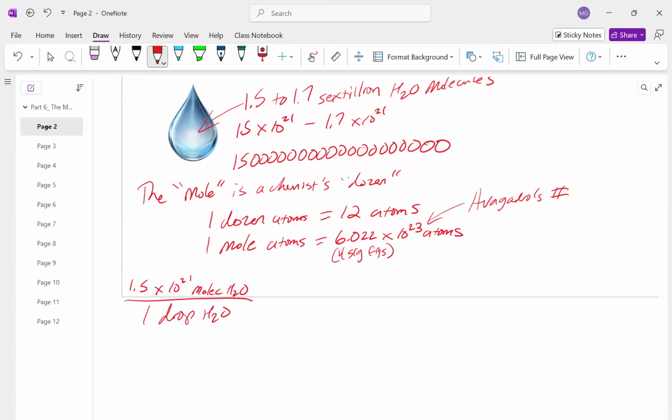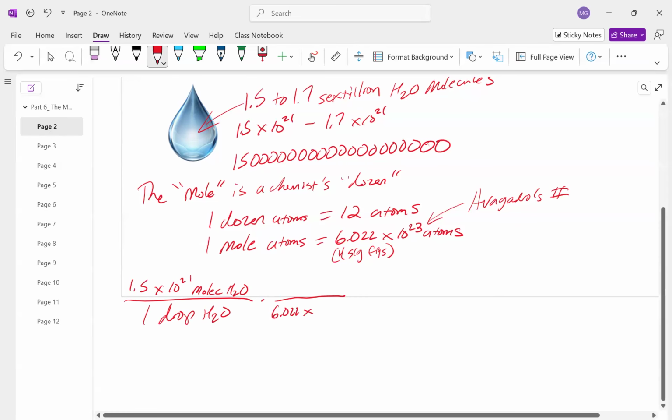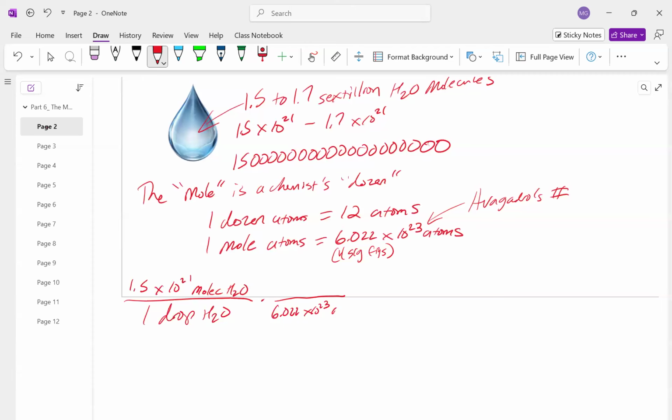So how many moles is that? Well, if I want to cancel molecules out, I'm going to use Avogadro's number, 6.022 times 10 to the 23rd molecules of water in 1 mole of water.